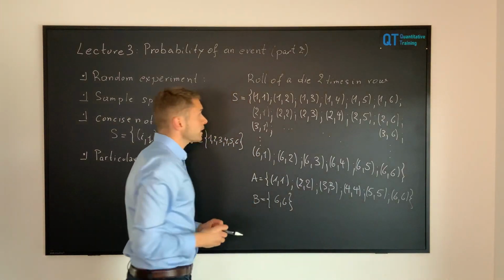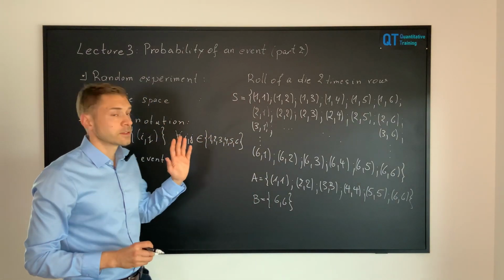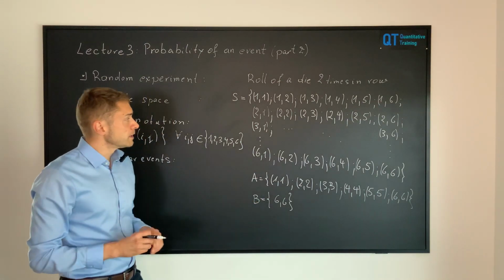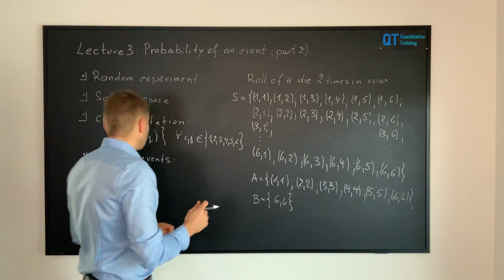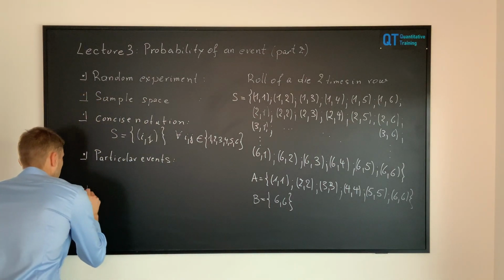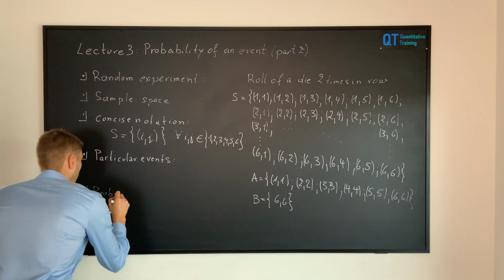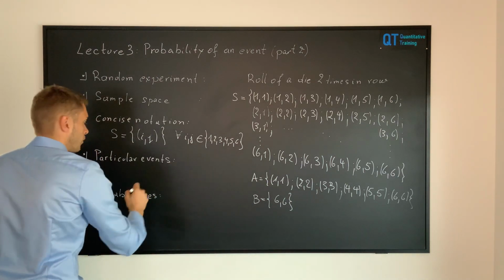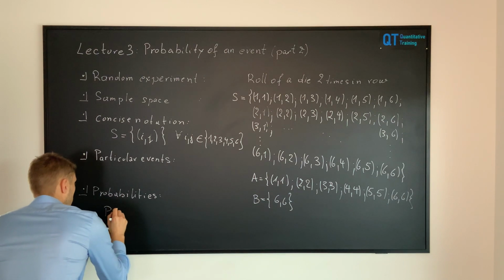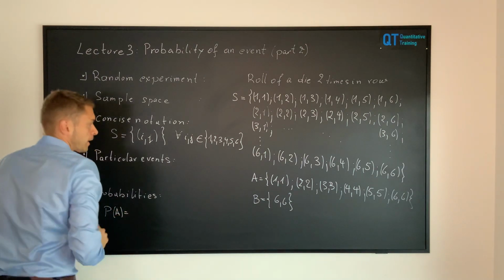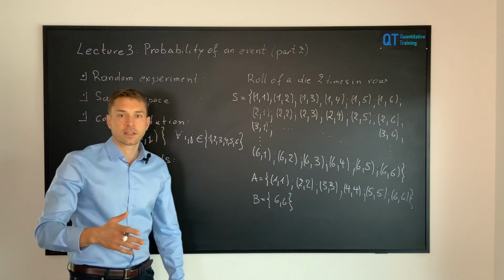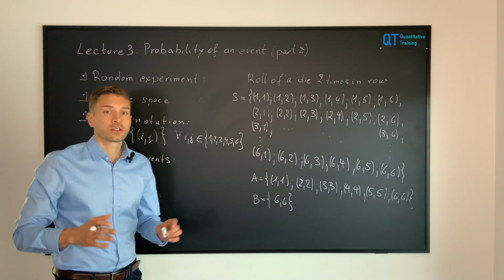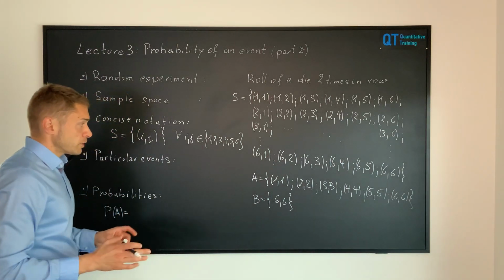As announced in the title of this lecture, we would like to work out the corresponding probabilities of the events A and B. The probability of the event A, as in the previous lecture, boils down to a simple counting problem.